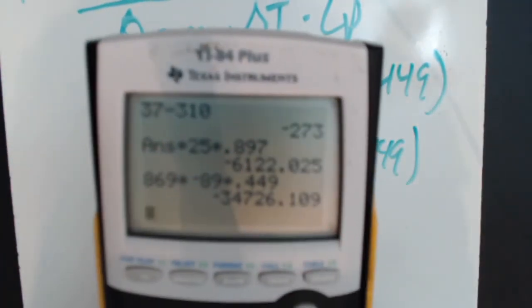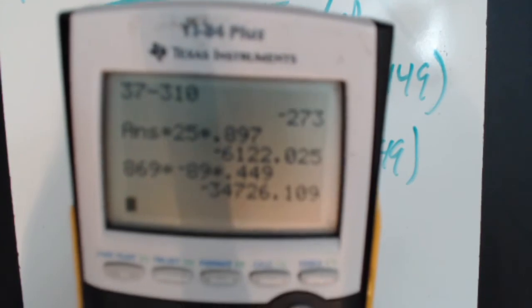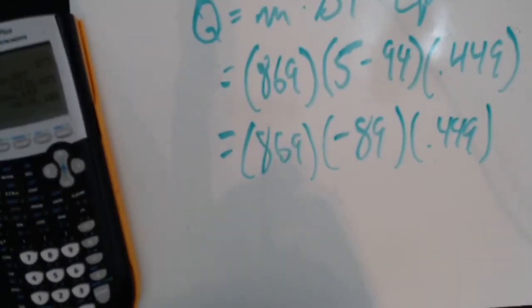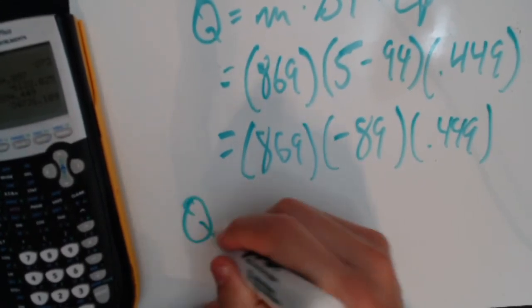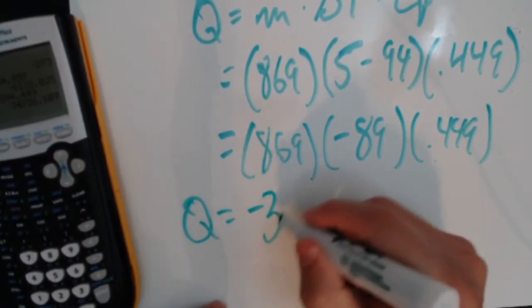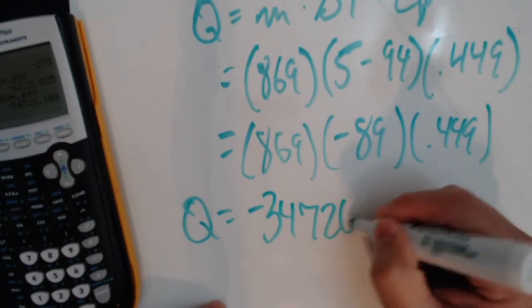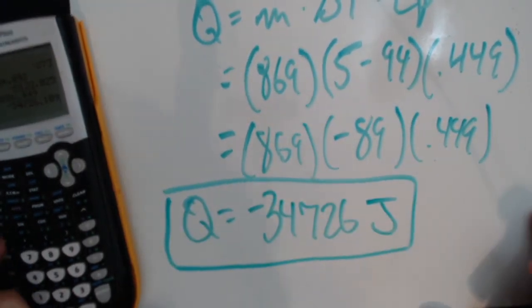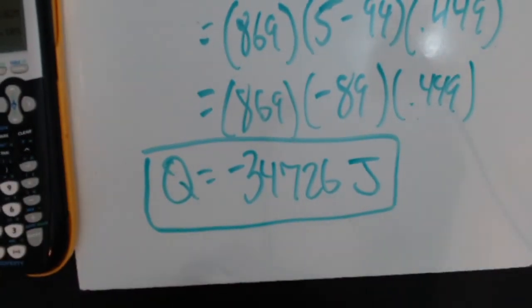So oftentimes we'll use kilojoules just because the number of joules gets so big. But in this case, we'll keep it in joules, it's fine. So our Q is negative 34,726 joules. There you go. That's it.